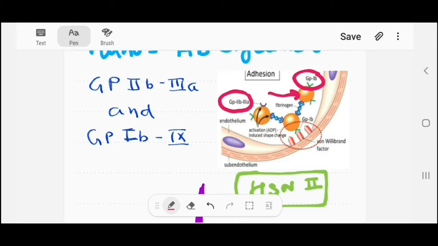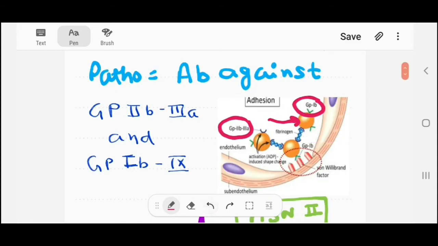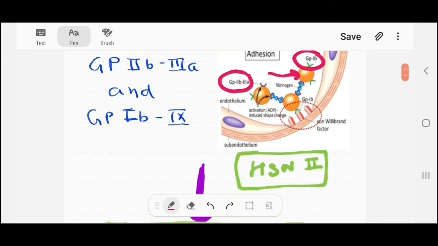You can see here these GP2B3A factors are responsible for the aggregation. Aggregation means the platelet adheres to another platelet. So GP2B3A is responsible for aggregation, but GP1B9 is responsible for adhesion to the blood vessel endothelium.